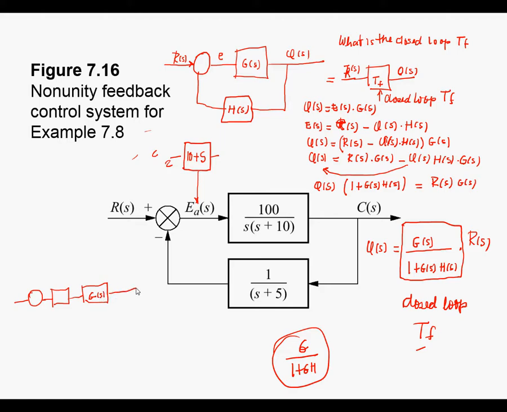Then this is your output, and then you have the feedback, which would be the H of S. Yeah? Question, big question. Find the closed loop transfer function.